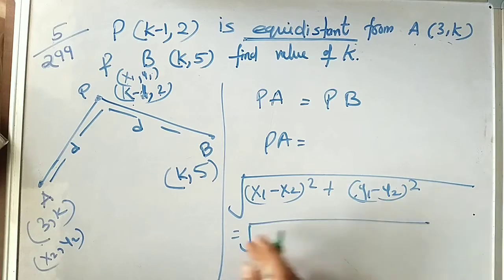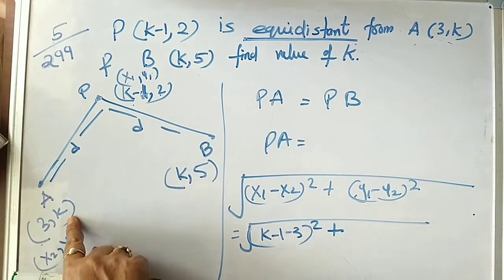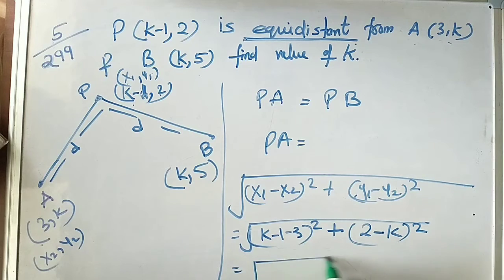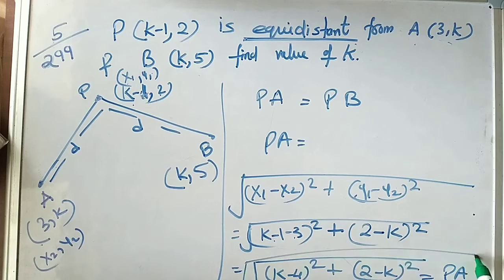So x1 is k minus 1, x2 is 3, so k minus 4 square, plus y1 is 2, y2 is k, so 2 minus k square. So I got PA. Similarly, I can calculate PB. This is my PA, so I am keeping it ready.